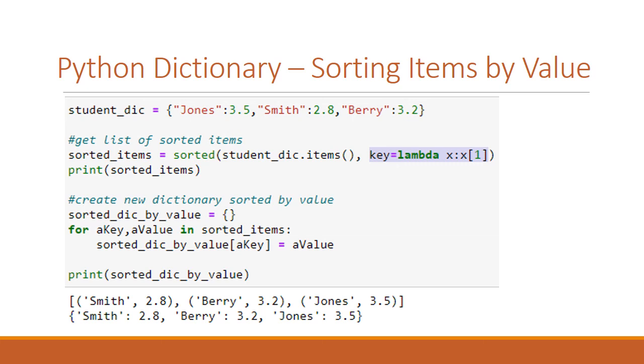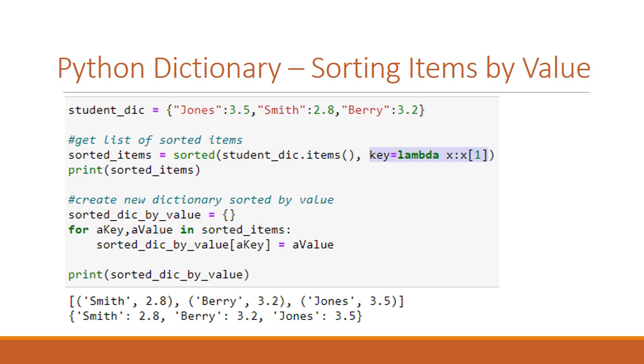Next, we're going to go through the for loop again, and the next time key is assigned Barry and value is assigned 3.2. So we create another item in our dictionary. And lastly, key is assigned Jones, value is assigned 3.5, and we add Jones with a value of 3.5 to our dictionary.